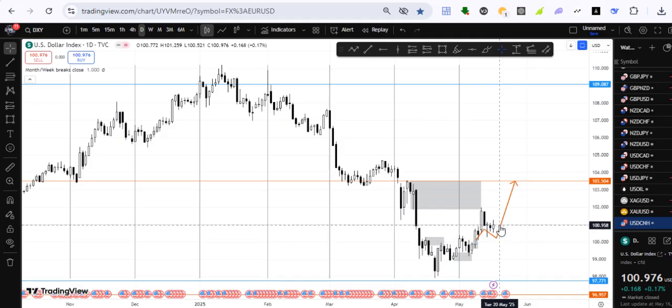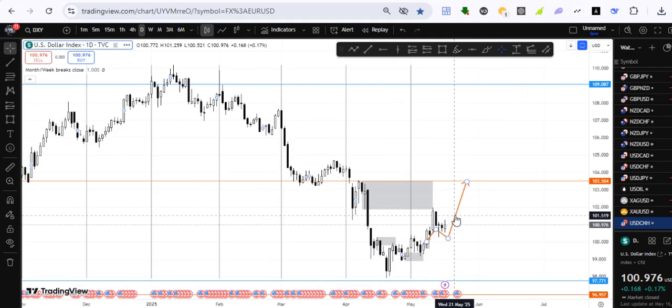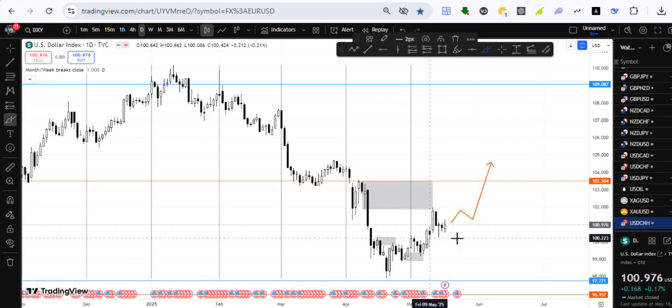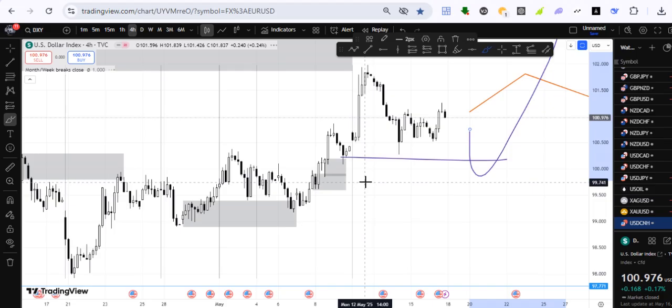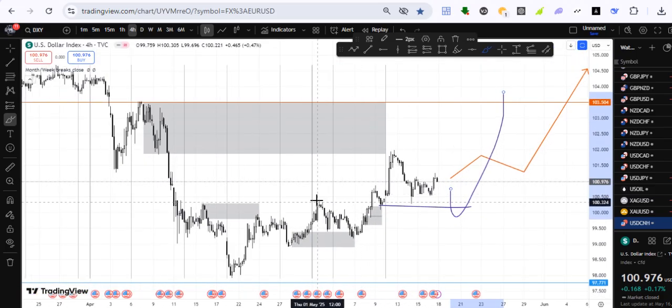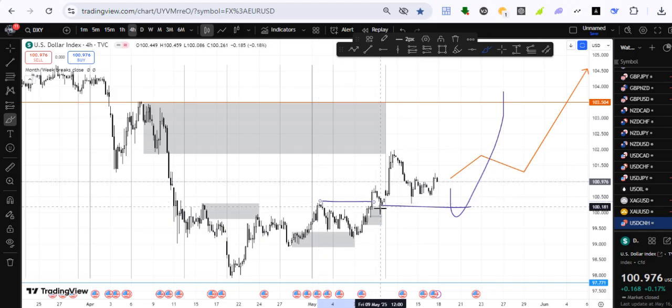I'm expecting price to still continue, but the question is: is it going to continue from here, or is it going to come in a little bit to grab this as liquidity before pushing into the upside? It's all based on your technicals, and what I do see is this is a break of structure.